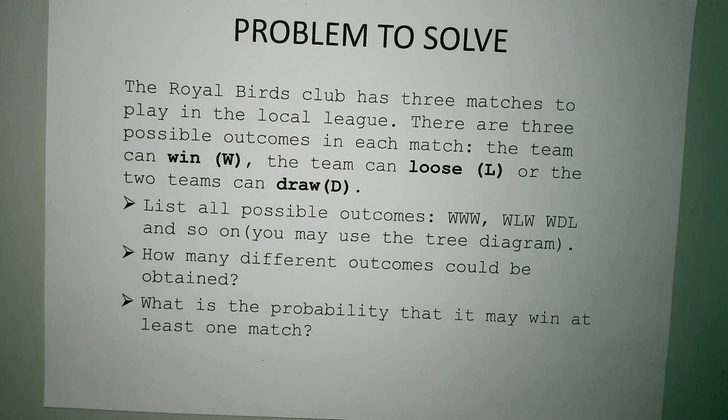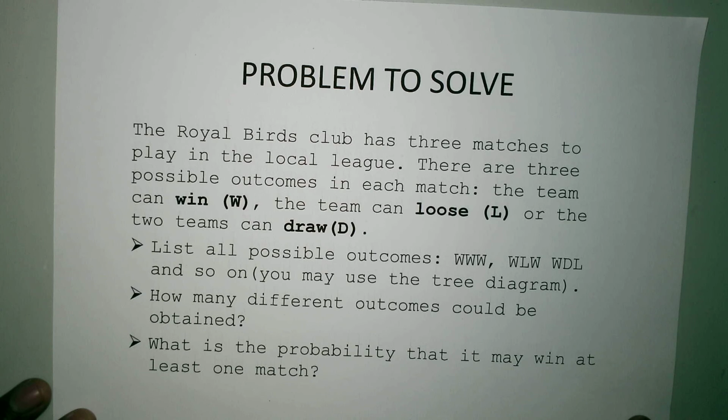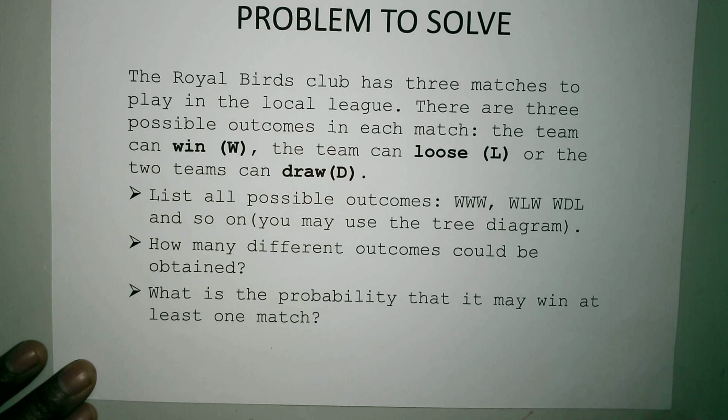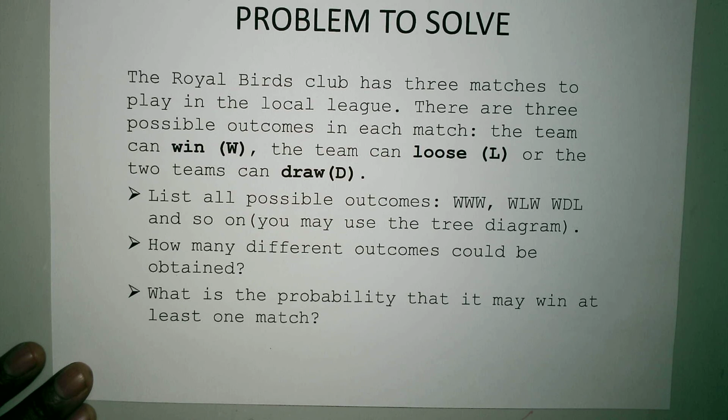So here is a problem that I want you to solve. It's almost the same problem. The Royal Bears Club has 3 matches to play in the local league. There are 3 possible outcomes in each match.